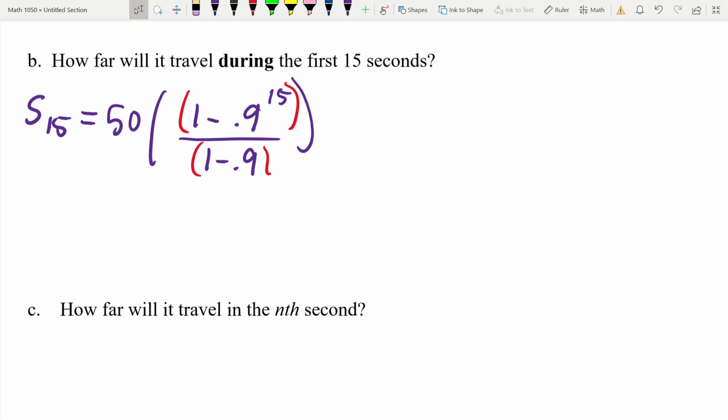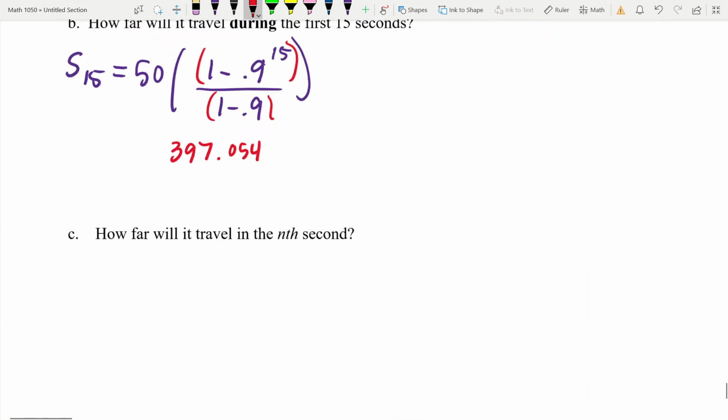So go 50, parenthesis, parenthesis, 1 minus 0.9, raise it to the 15th, close it off, divided by parenthesis, 1 minus 0.9, close it off, hit enter, okay, and we get 397 point, now give me 2 seconds, yeah, we're going to round, so let's go 3 digits, so 397.054, and that would be feet, okay.